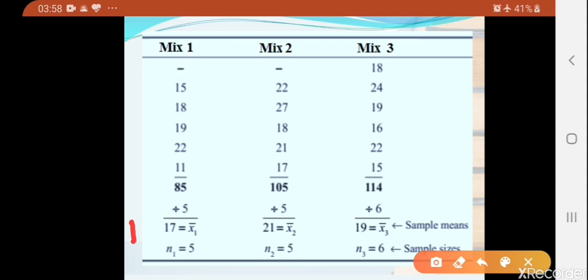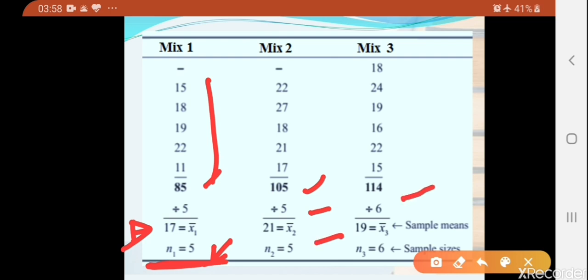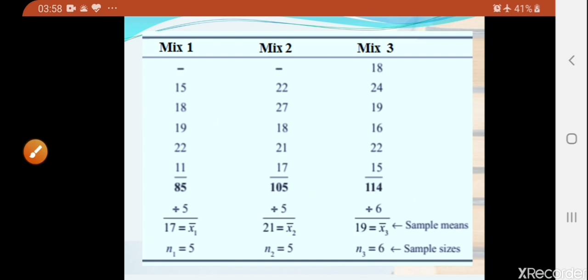The number of samples we know, we will add all the values and it comes out to be 17, and n1 is 5. So 85 divided by 5. Similarly, 105 divided by 5 is 21, and x3 bar comes out to be 19. So we have calculated the sample means for all the 3 mixes.